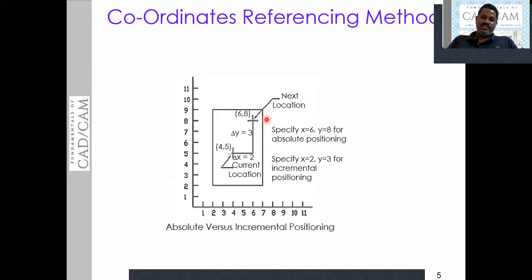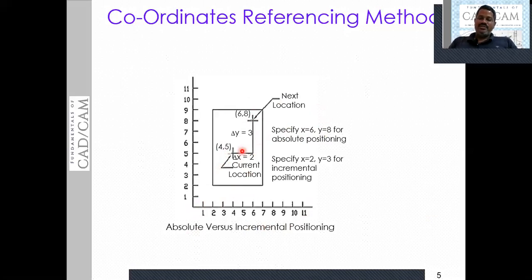The current location will be incremented to specify the next location in the case of incremental positioning. In the case of absolute positioning, the origin will be taken as the reference point. The current location will not be considered, and the next location is going to refer to the 0 point or origin point. This is regarding absolute versus incremental positioning.